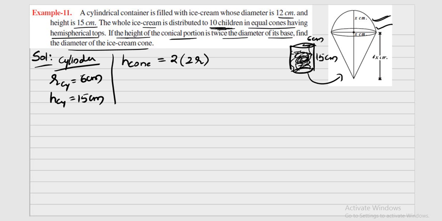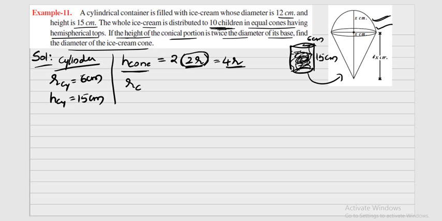Twice the diameter of the base means diameter is represented by 2r, no? So height of cone is equal to 2 times 2r, which is nothing but 4r. So I got height of cone equal to 4r, if radius of the cone is r.